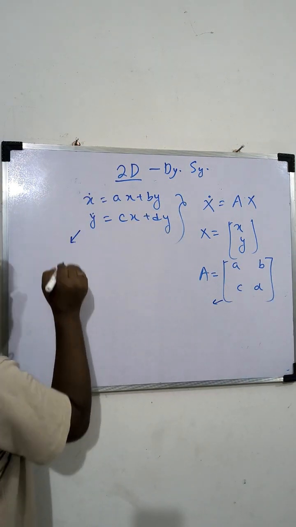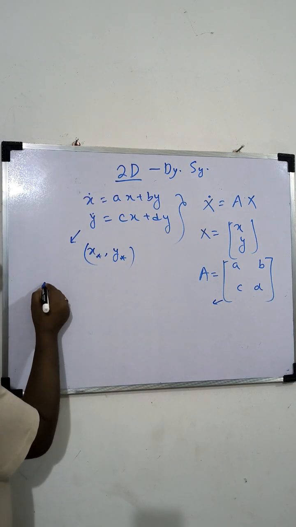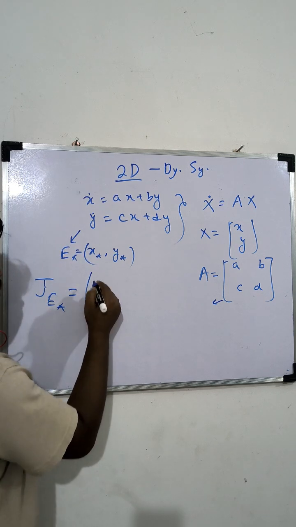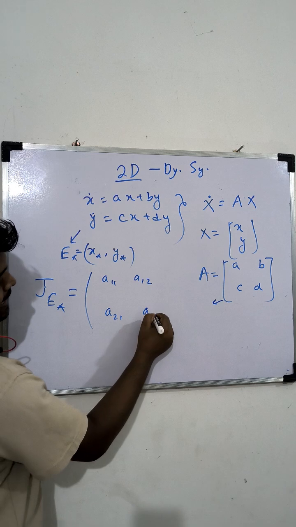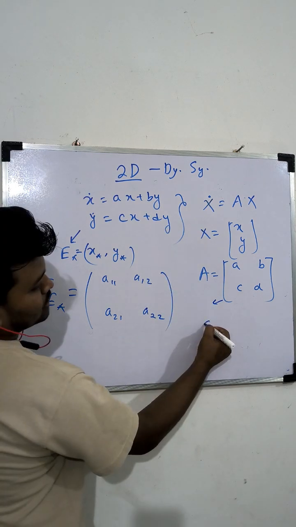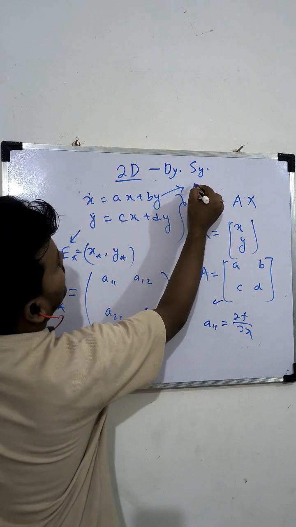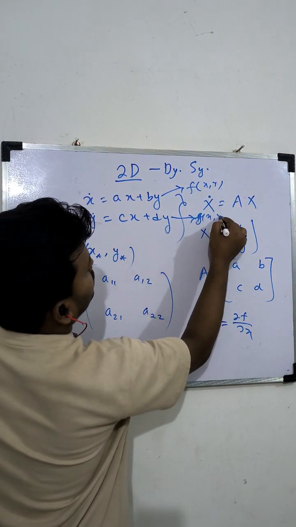And if we find the equilibrium point x star, y star, and if we find the Jacobian matrix at this equilibrium point, then it will look like a11, a12, a21, a22, where this is function f of x, y, this is function g of x, y.